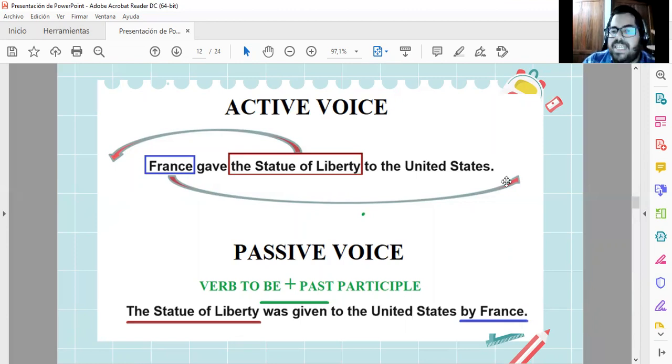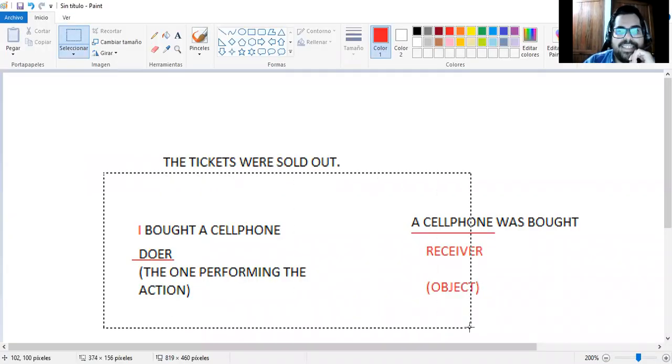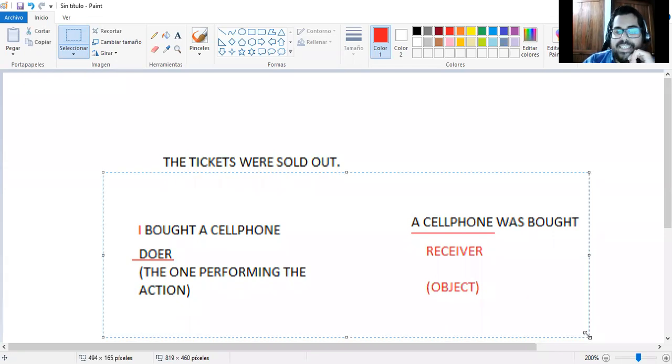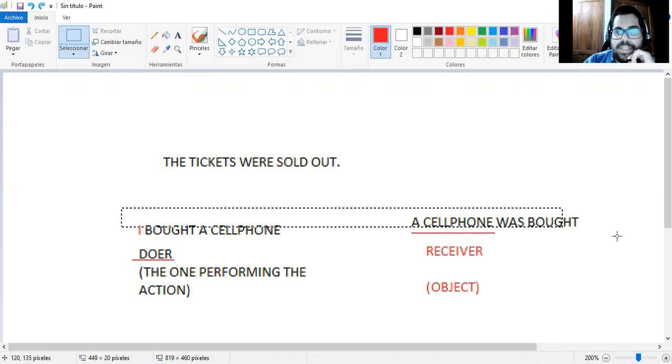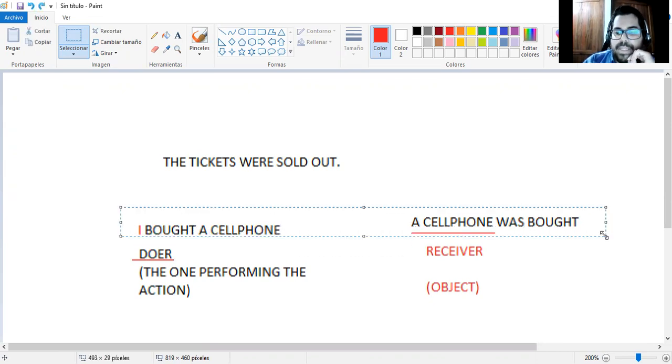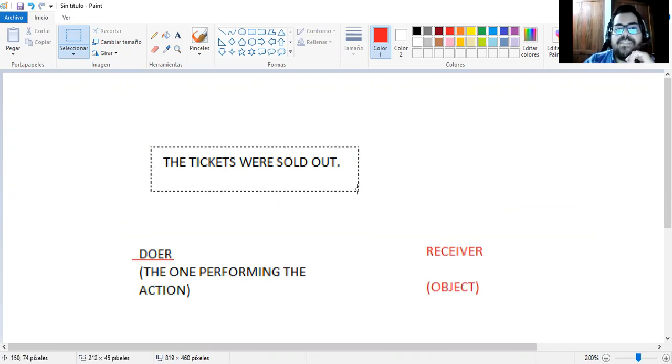But I want you to understand this. Let's take a look, guys, at one example of why this is not only to switch the order. Let me give an example. Take a look at this over here, guys. I have an example for you. The tickets were sold out.